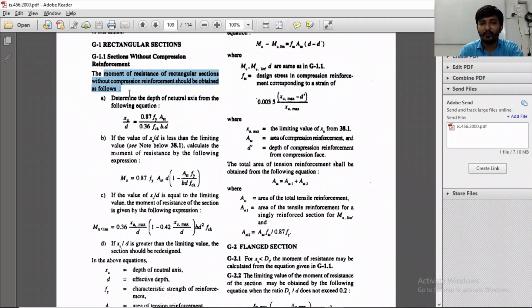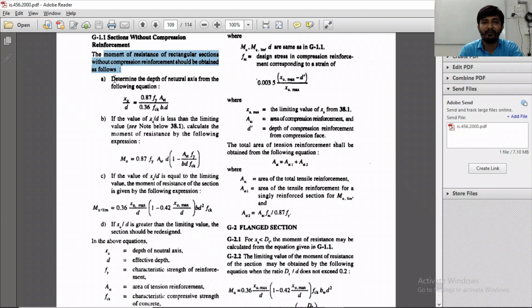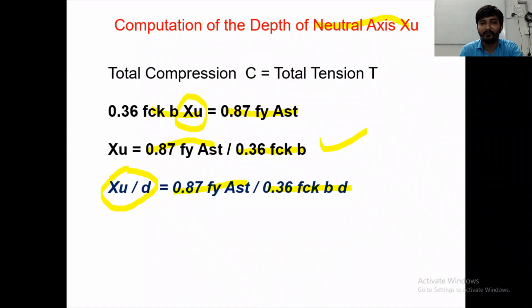There are steps given. First, determine the depth of neutral axis from the following equation. This is the equation that we just derived in the PPT, that is xu divided by d is equal to 0.87 fy Ast divided by 0.36 fck b into d. This is the equation given in IS 456-2000 Annexure G1.